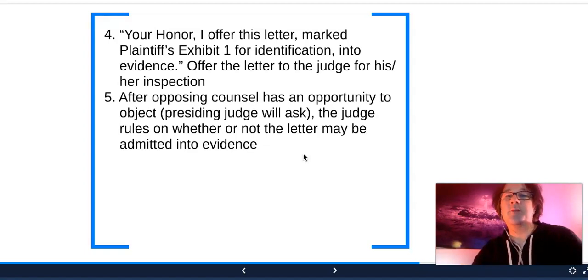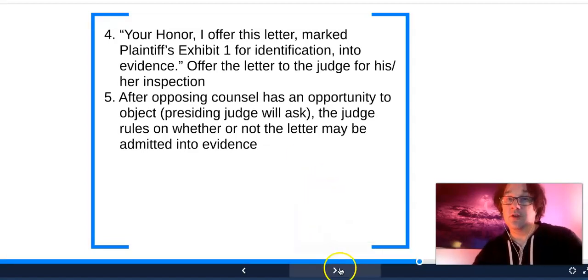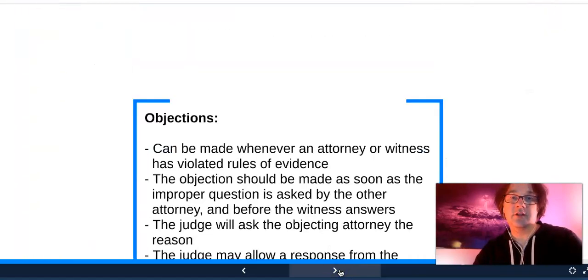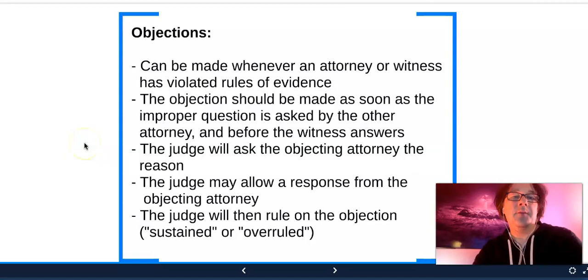So just make sure that when you're submitting physical objects into evidence, you have a witness that you can do that through, right? So make sure you plan ahead for that when preparing for questioning your witnesses.